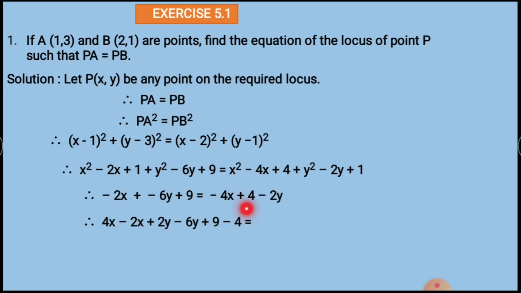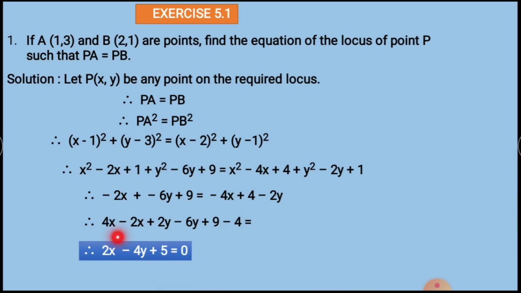So we transfer this minus 4x to the left hand side. So write minus 4x as plus 4x in the left hand side, this minus 2x as it is, this minus 6y as it is. We transfer this minus 2y to the left hand side. So we write here plus 2y, then this plus 9. After transferring this plus 4 to the left hand side we write minus 4.